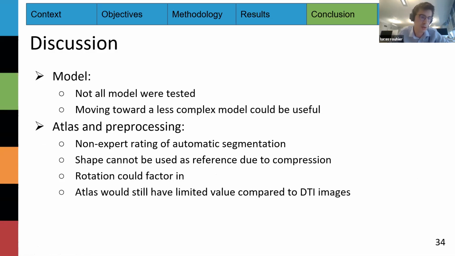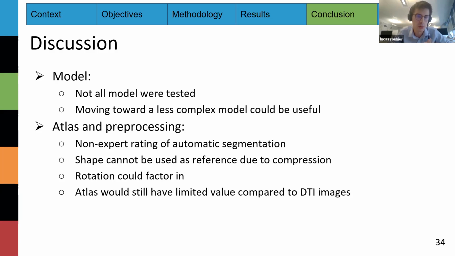A bit about the models in deep learning is that, of course, we have not tested all the models in deep learning, but the absence of significant improvement lets us think that maybe it's not the way to go. Of course, moving toward maybe a less complex model could be useful, because overfitting is often a sign of using a model that is too complex.